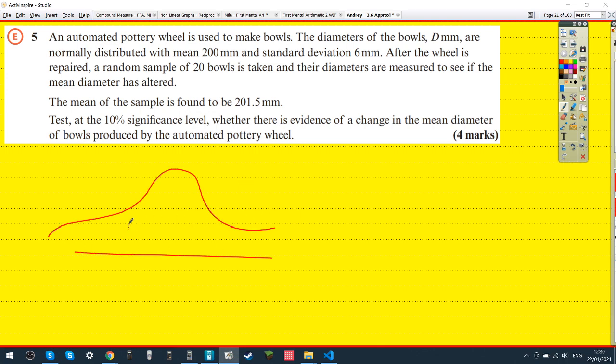So this one, you'll have 5% here, 5% here. What is in the middle? What's the mean? Mean is 200. You have 200 in the middle. You would get the sample standard deviation, and you would say what X would give a 5% level here, what X would give a 5% level here, and then you would just check, is this bit inside the critical region where it's actually significant, or is it somewhere in here where it's just random chance.